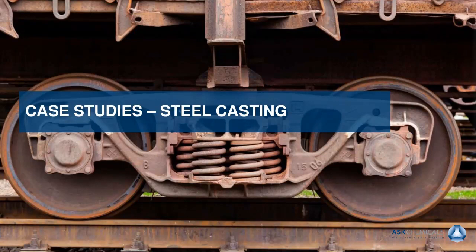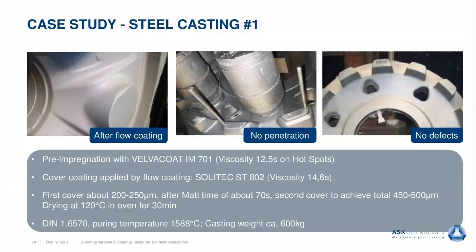Coming to some case studies. Here you see a casting, and we pre-impregnated the mold on some hotspots, especially under the risers, for instance, with Velvacoat IM701 at a viscosity of about 12.5 seconds.